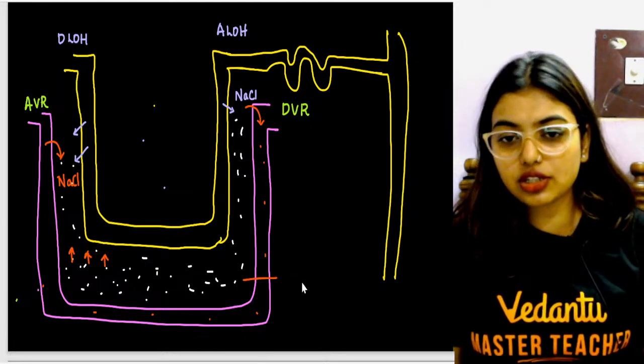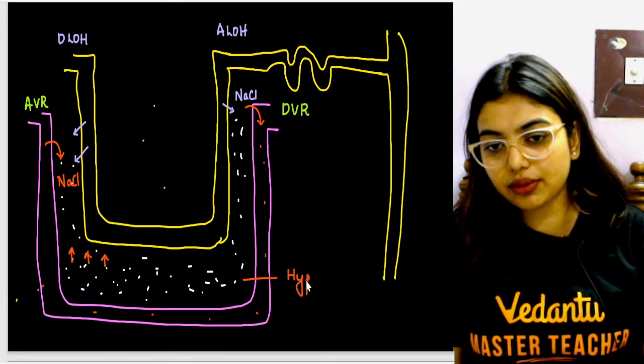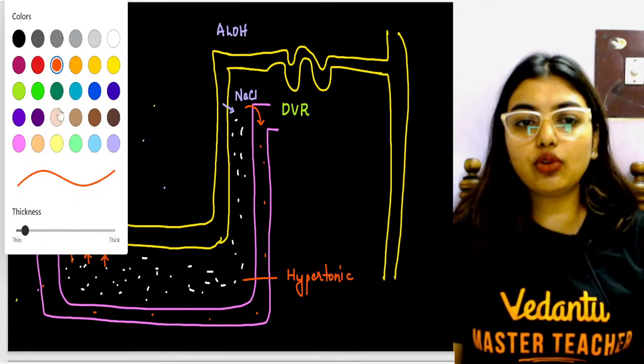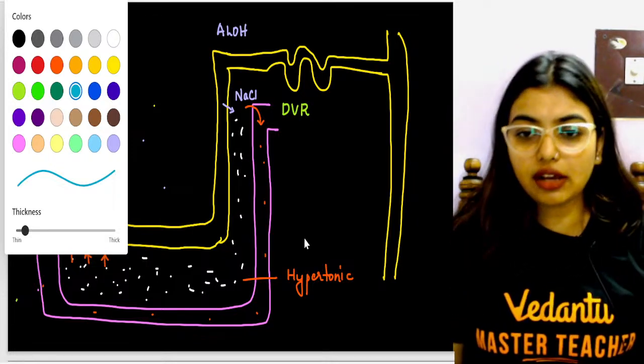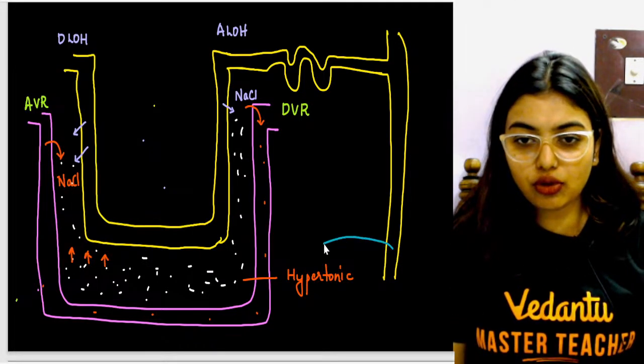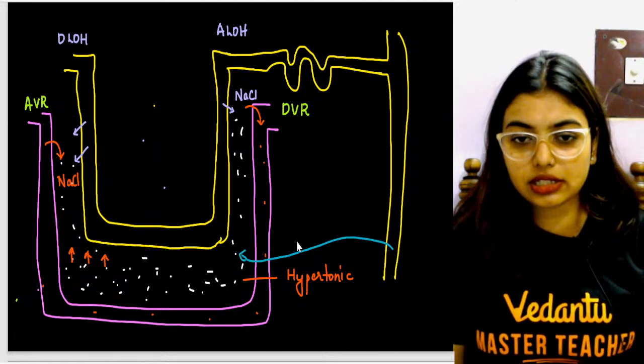and this solution is going to become a hypertonic solution. And with NaCl, I told you that some amount of urea from the collecting duct is also going to come into the medullary interstitium.